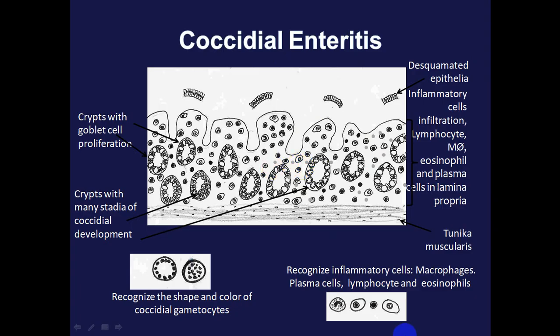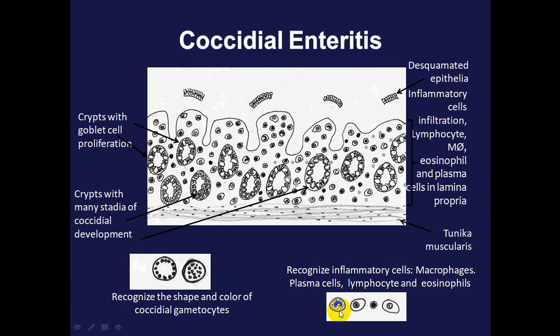You will find cells like this, lymphocytes, okay, and then plasma cells. Maybe you can also find eosinophils. Eosinophils means polymorphonuclear cells, but with reddish granules in the cytoplasm, or also you can find large cells, we call it macrophages.